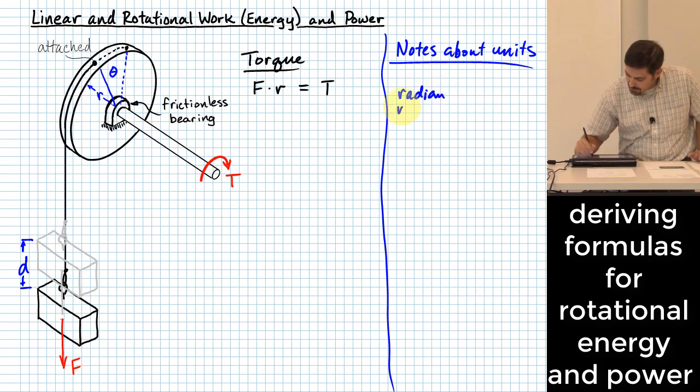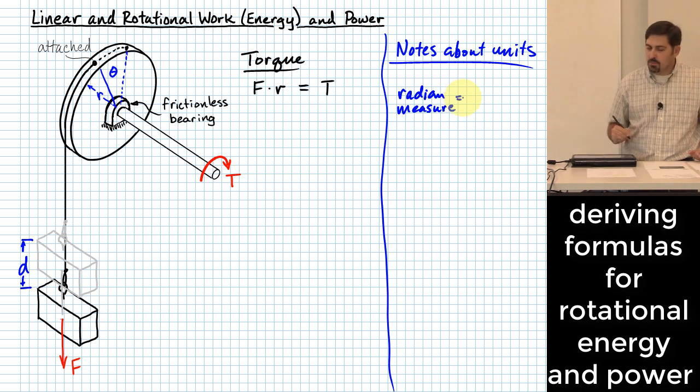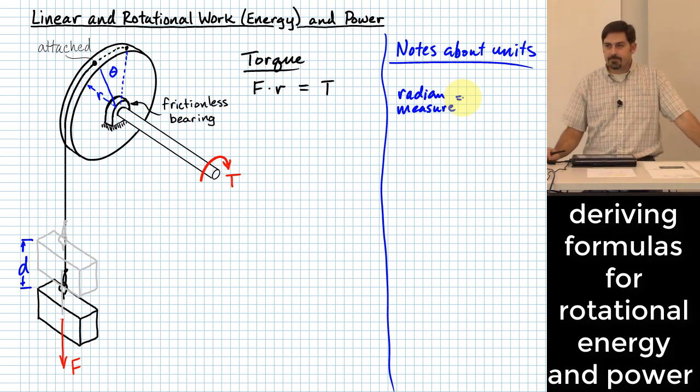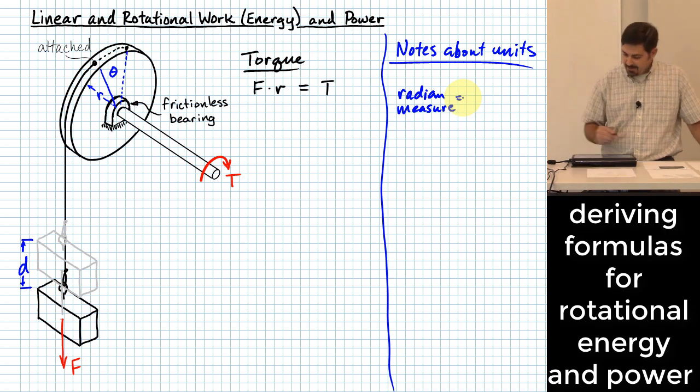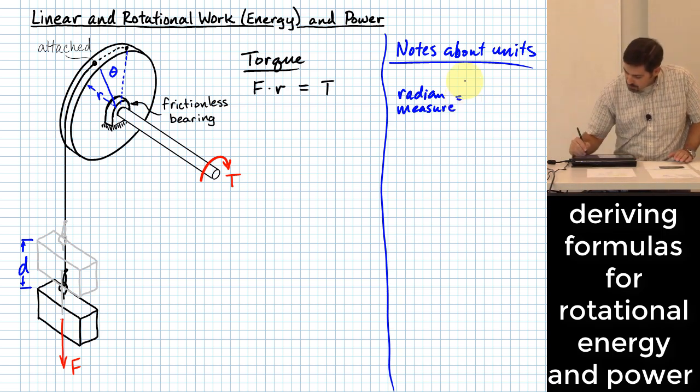I'm going to put here radian measure. What we mean by that is an arc length per radius.